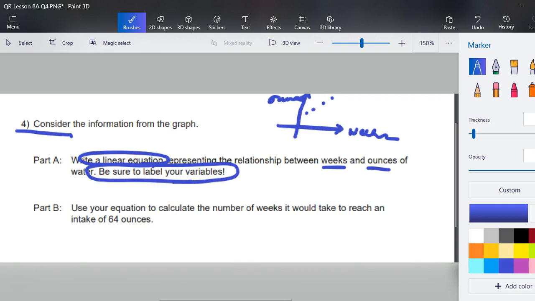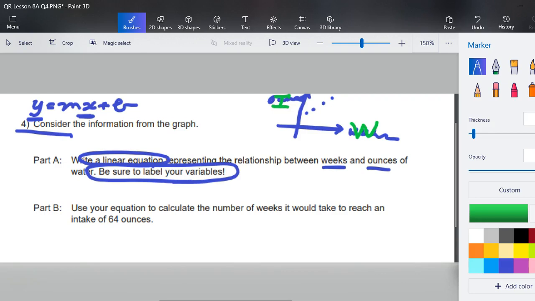I know in an algebra class, you probably always saw a formula like y equals mx plus b using y and using x. But you have permission to change those up. You could use something like W for the x for weeks, and then you could use something like I for intake for the y for the ounces.